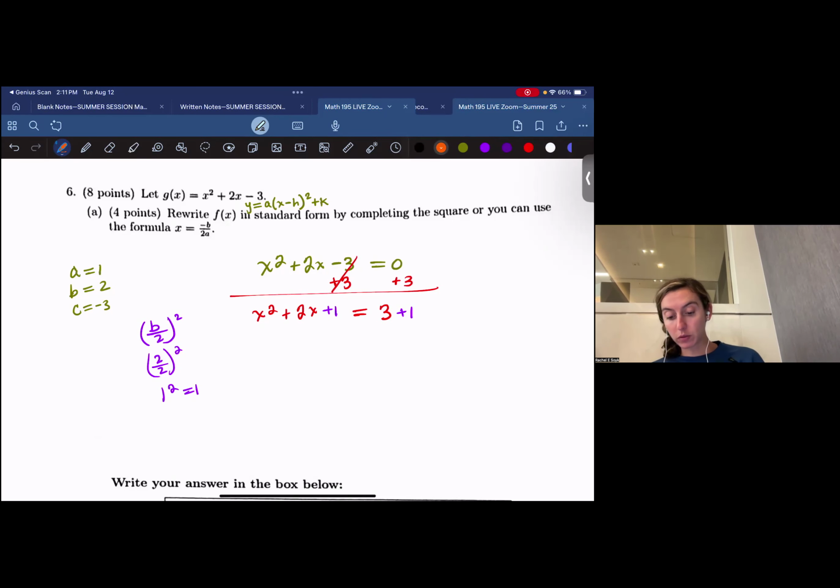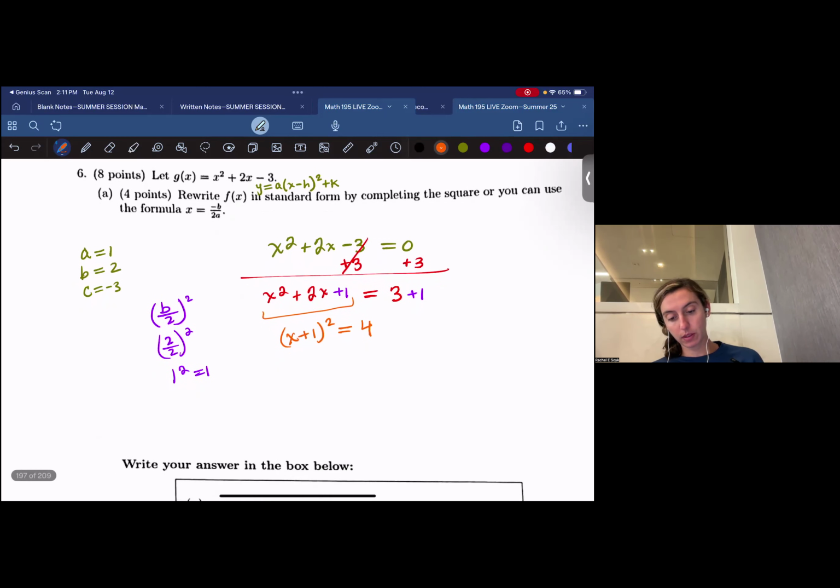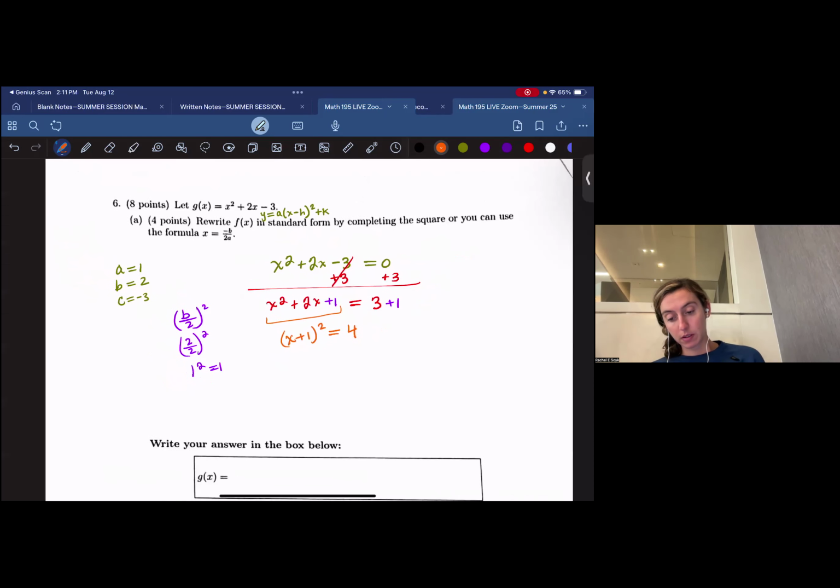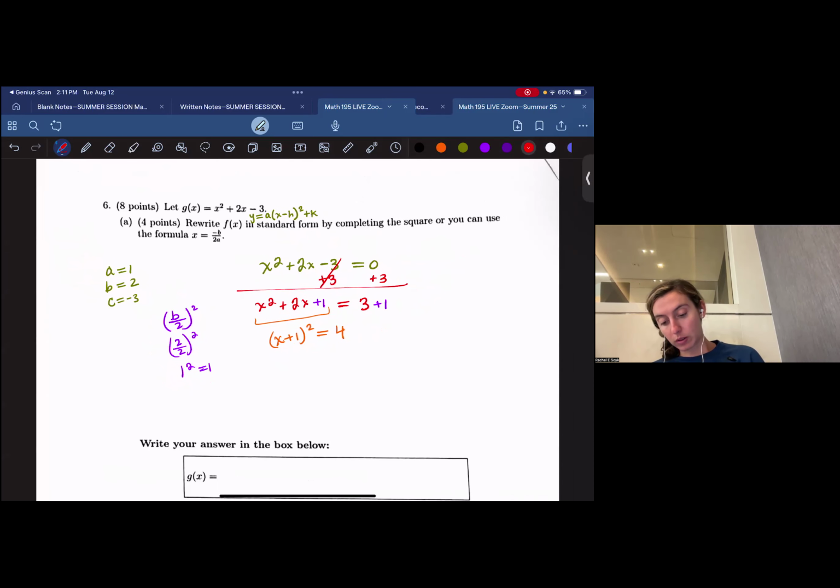So now we can officially complete the square. That left-hand side is just factored into x plus 1 in parentheses squared. And that right-hand side is just 4. So if we bring everything over to that left-hand side, we get our standard form.